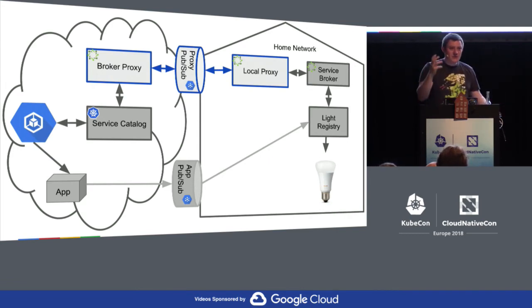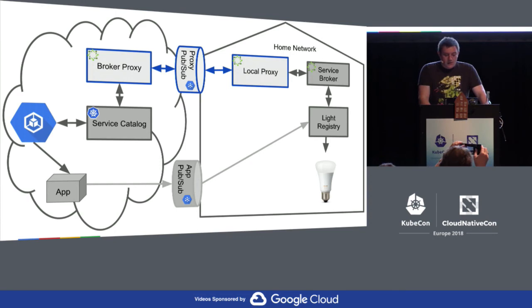And because I used OSB API, I actually was able to just shim in the broker proxy. It takes requests, bundles them up, puts them on PubSub, takes them down, makes a curl call locally, and then packages the response, puts it back on PubSub, and then the service catalog doesn't know the difference between talking to a local one or talking to a hosted one.